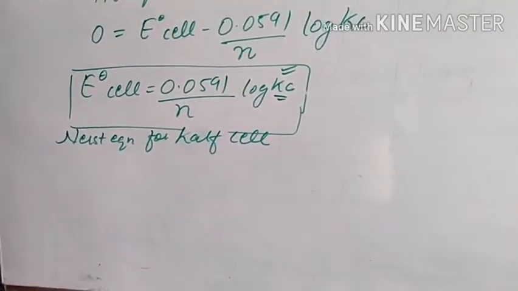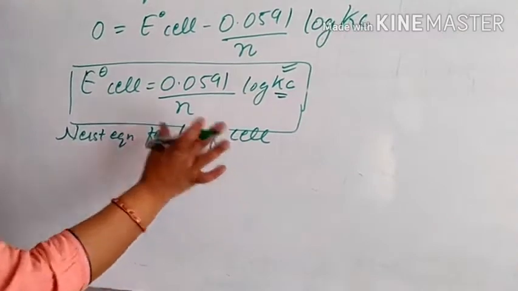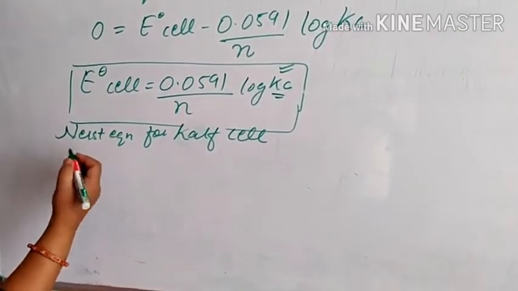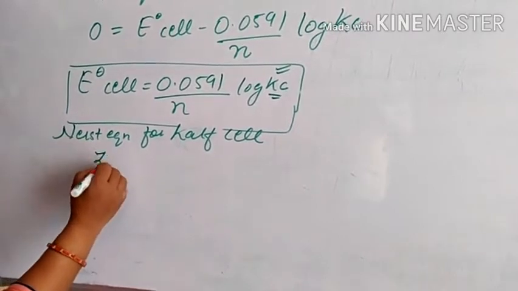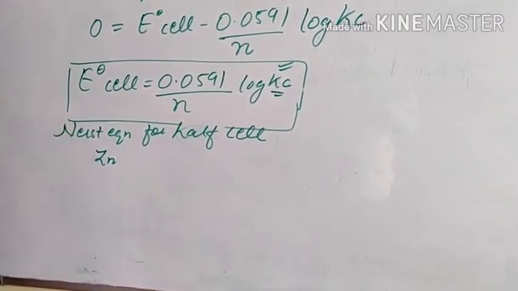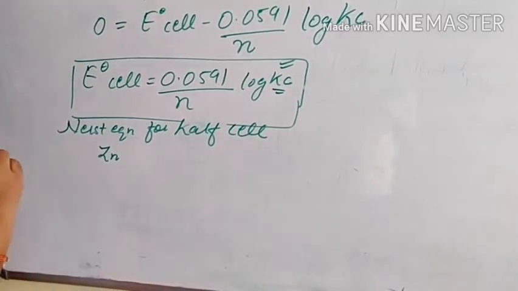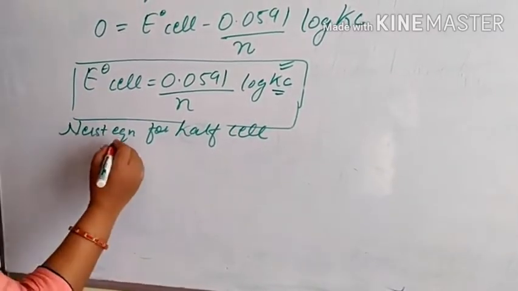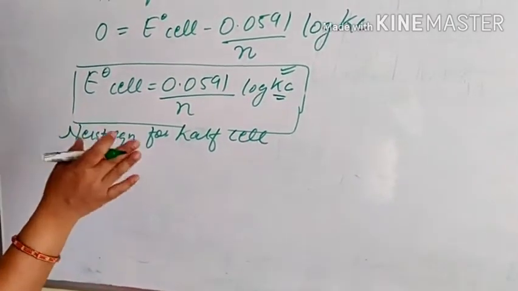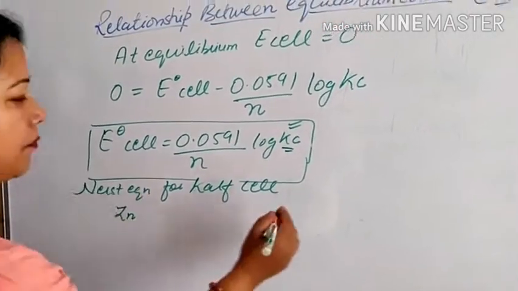So if you have to calculate the electrode potential of a half cell, any half cell we may consider, for example, the electrode potential of zinc half cell, then in that case you have to always write the reaction in terms of reduction potential.